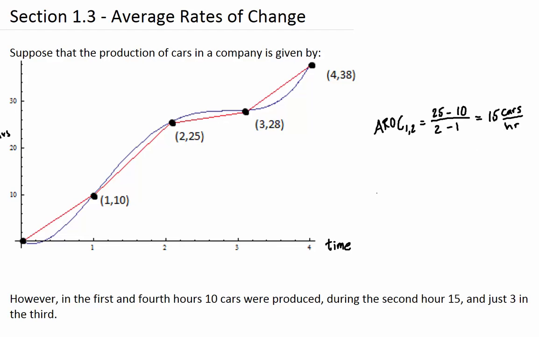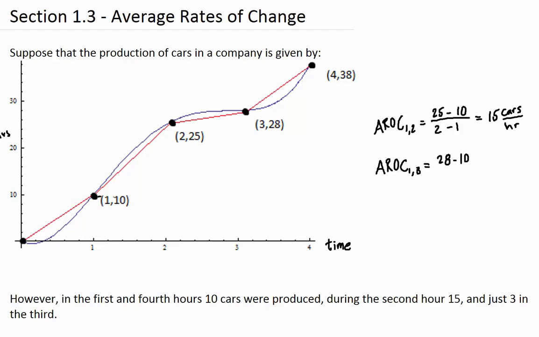So for example, if we were to repeat that for times between 1 and 3, well, then you would say that they produced 28 cars by the third hour minus the 10 they had produced by the first.